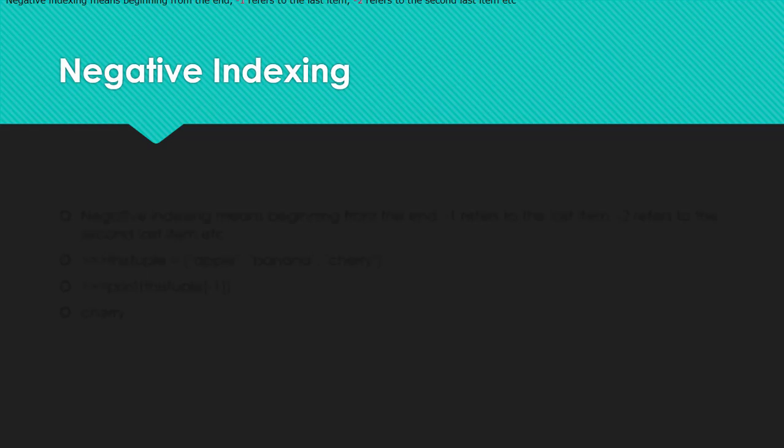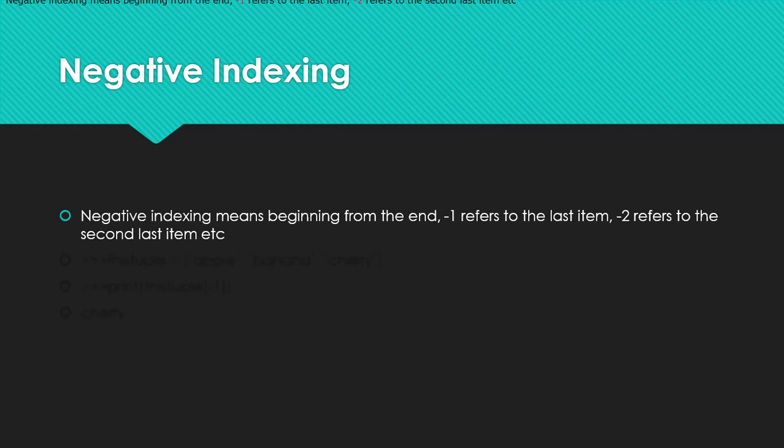Negative indexing. Now we know that the first element of a list or a tuple is at the 0th index number, and +1, +1, +1 onwards. But negative indexing means beginning from the end, and -1 refers to the last item, -2 refers to the second last item. For example, we have thistuple, which is the name of the tuple, which has 3 elements, apple, banana, cherry.